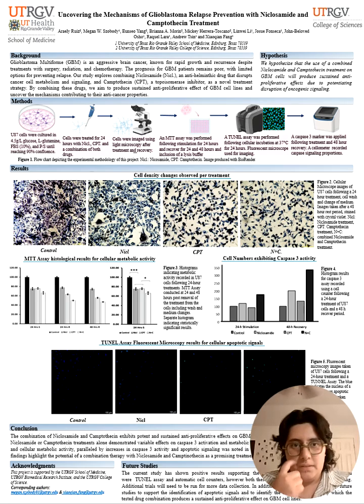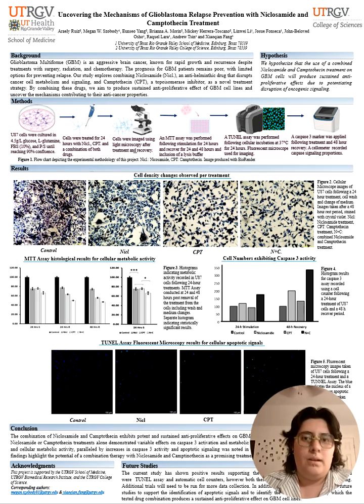For the MTT assay results, we made some histograms. In these histograms, we can see the metabolic activity recorded in the U87 cells following 24-hour treatments. The MTT assay was conducted at 24 hours and 48 hours post removal of the treatment from the cells, including wash and medium changes.